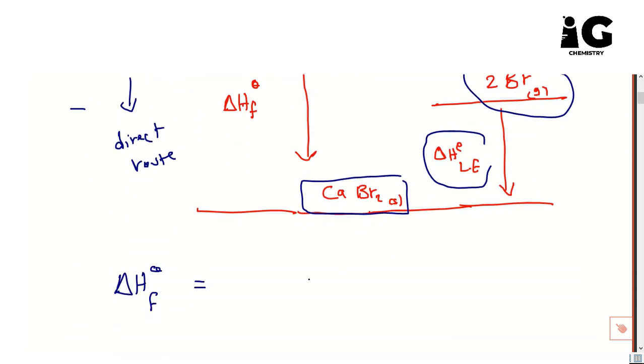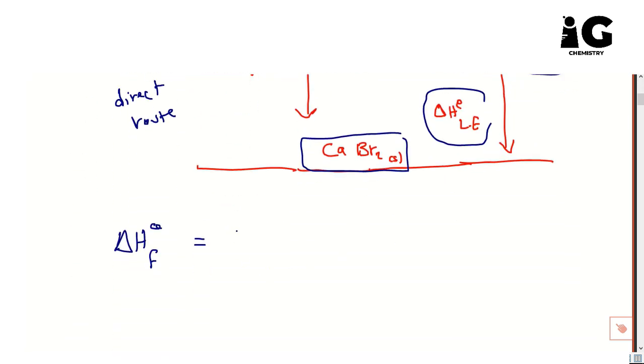So we need to say sum of, this is standard enthalpy change of atomization, this is for calcium, plus also we have ionization energy 1 for calcium as well, plus ionization energy 2, or second, for calcium.